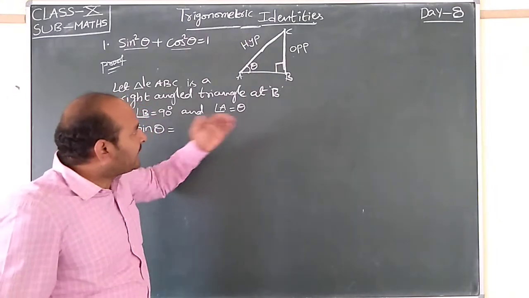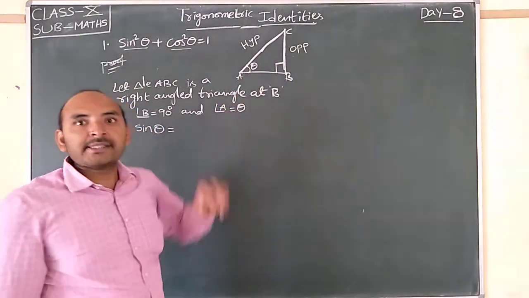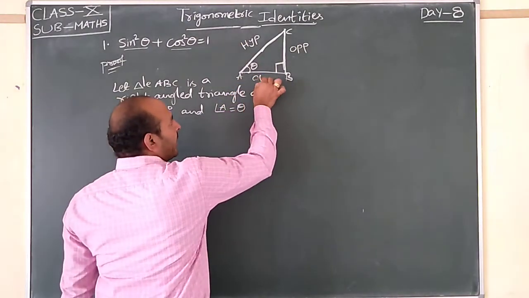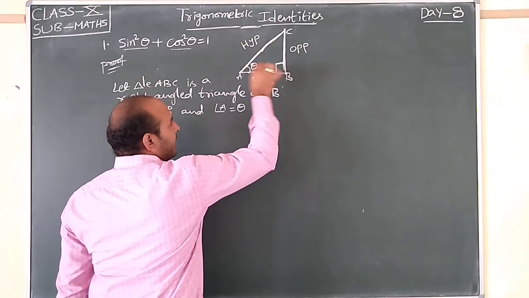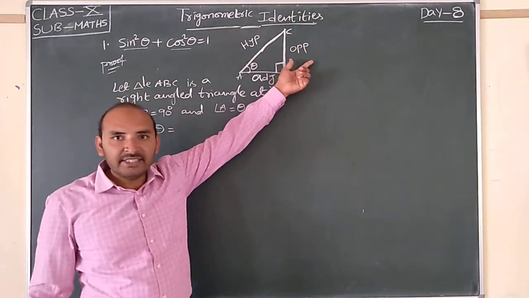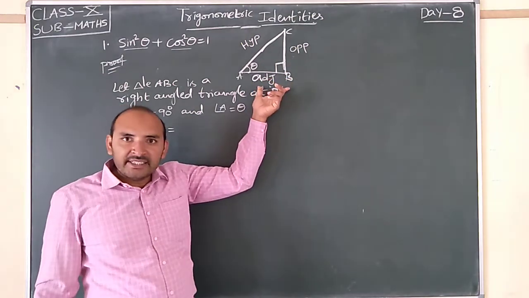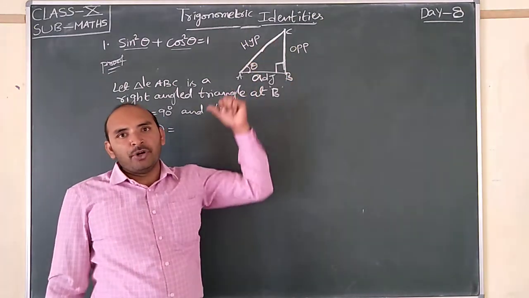And the side exactly adjacent to the angle, AB, we can write as the adjacent side. So BC is the opposite side, AB is the adjacent side, and this is the hypotenuse.